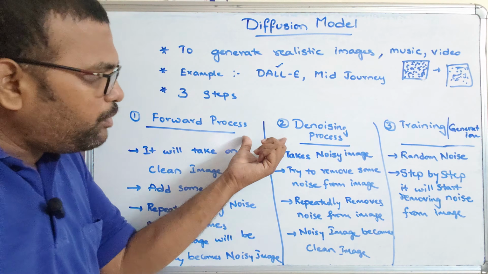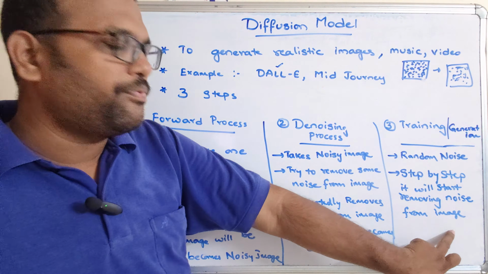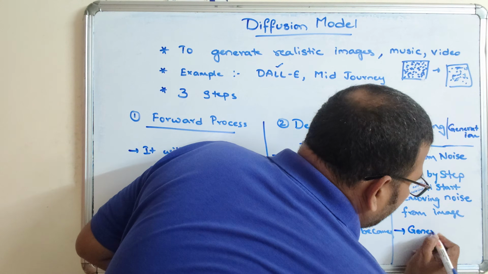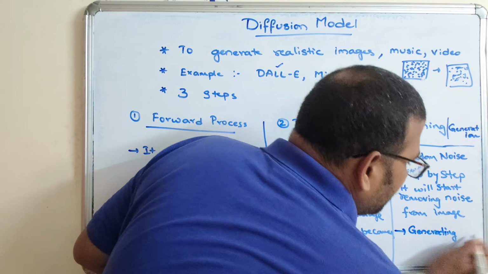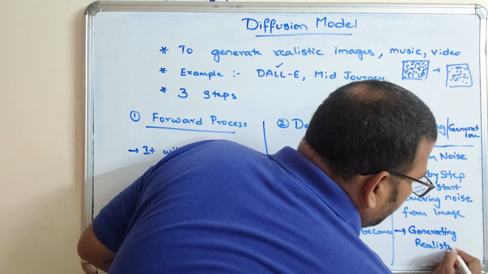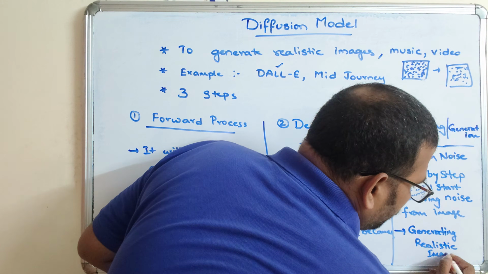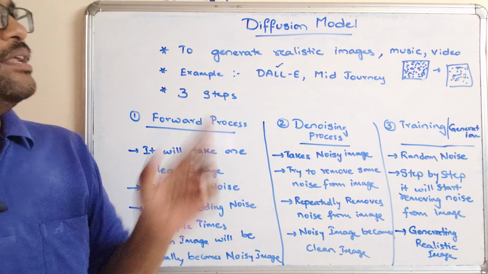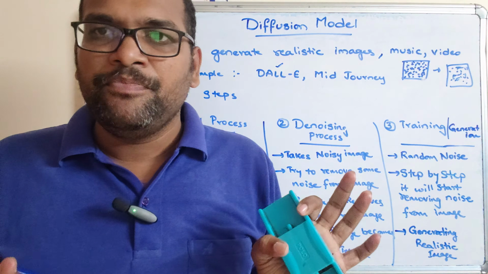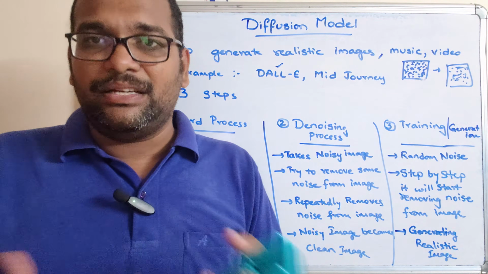Based upon that, it will remove the noise from the image and generate the realistic image, until it gets the realistic image. So this is done in the diffusion model. These steps will be continuously processed, very fast.